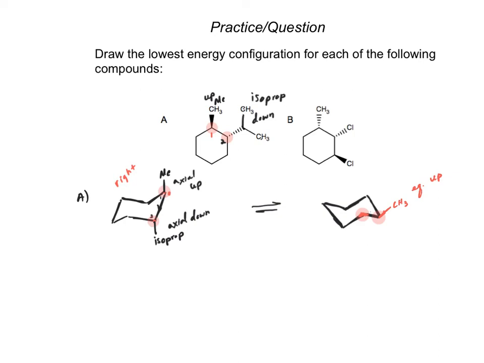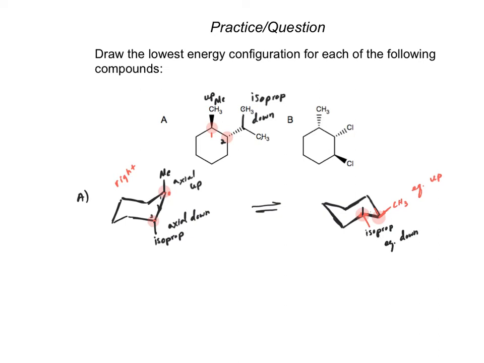At carbon 2, we've got an isopropyl. It's supposed to be down. So the up position here is axial, the down is equatorial. So it's going to be parallel to this guy. So it's going to come out here. And again, this thing is going to be an isopropyl group. So this is also equatorial, but now it is down.